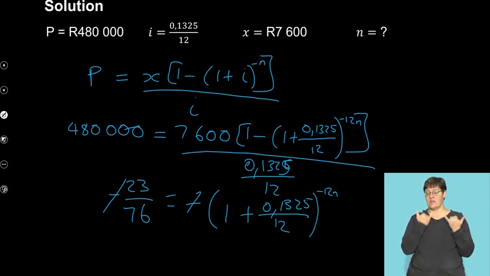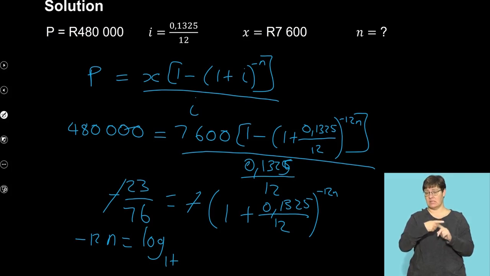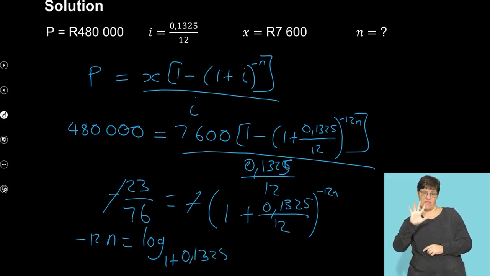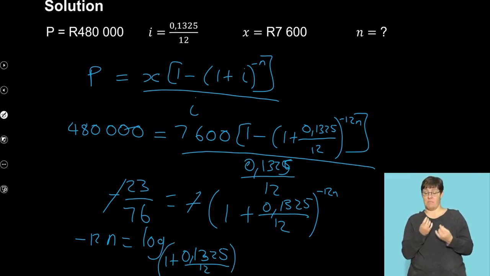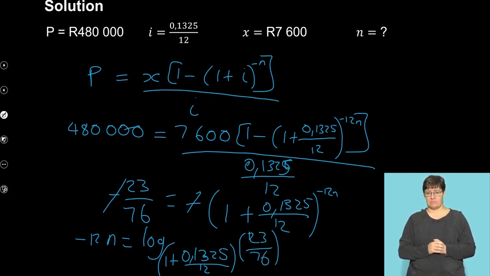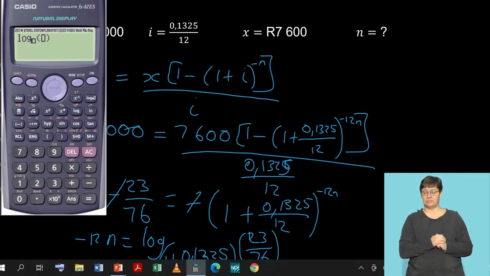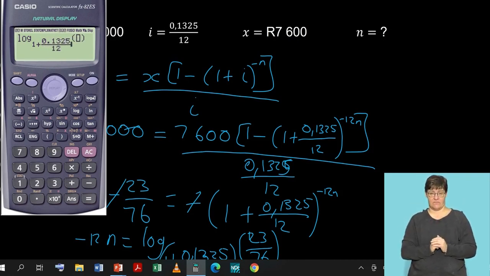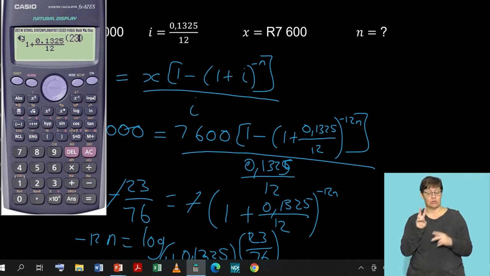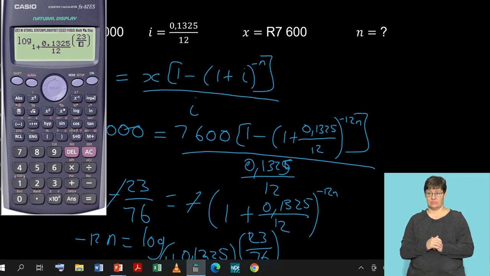Then from here, I will need to introduce my log. My negative 12n will be equal to the log with base 1 plus 0.1325 over 12, and the number will be 23 over 76.